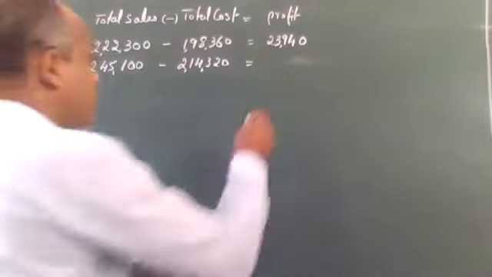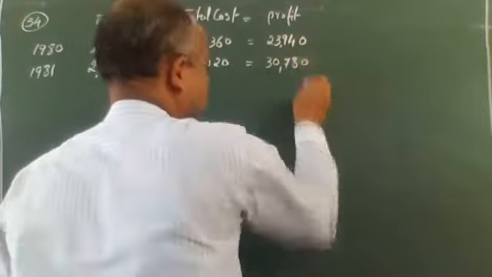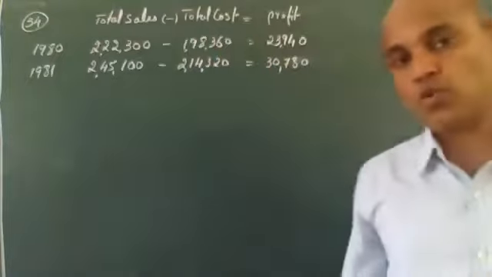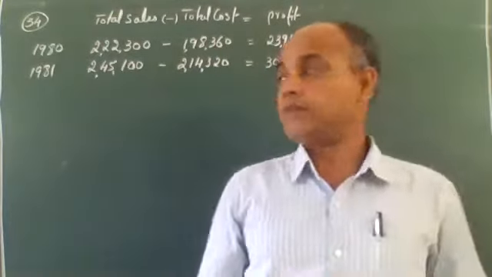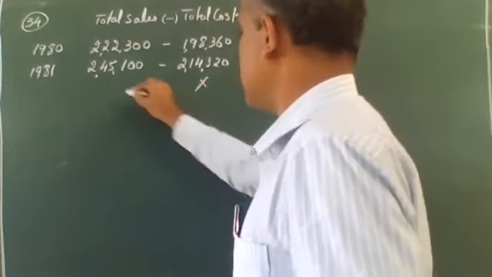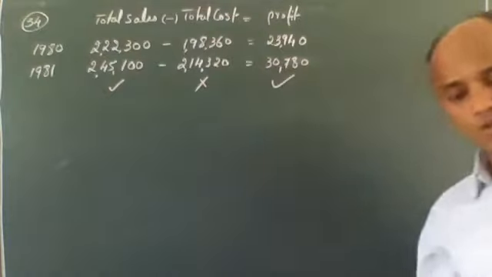So that is giving me 30,780. And that's it. Now the question is very much similar to what we have done the other day. So now I am not bothered about the cost part. I will take sales and I will take profits and then do the problem.